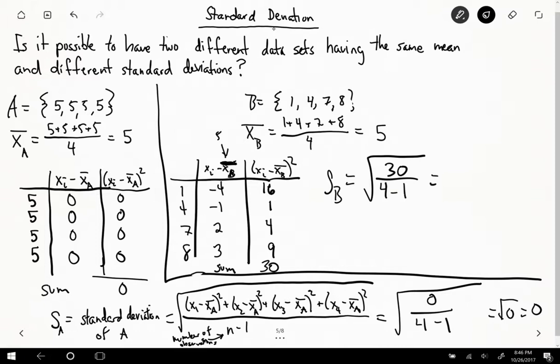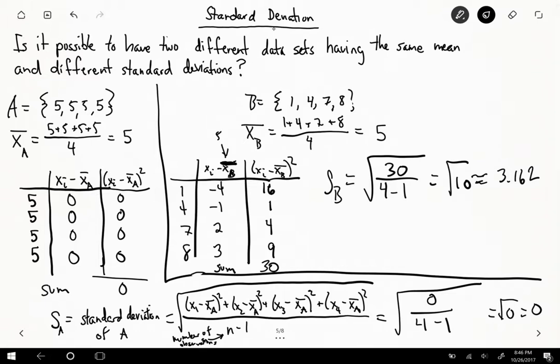Notice 30 divided by 3 is just 10, so that's the square root of 10. The square root of 10 is some number between 3 and 4, closer to 3 than it is to 4 if you don't have a calculator. And if you do have a calculator, just plug it in and you'll see that this is approximately 3.162.